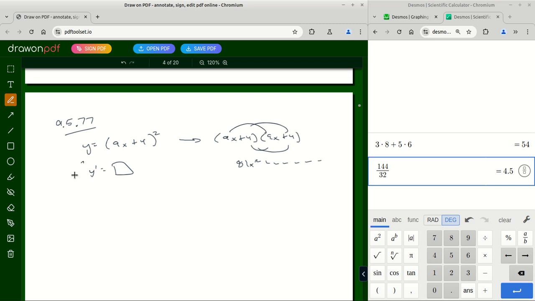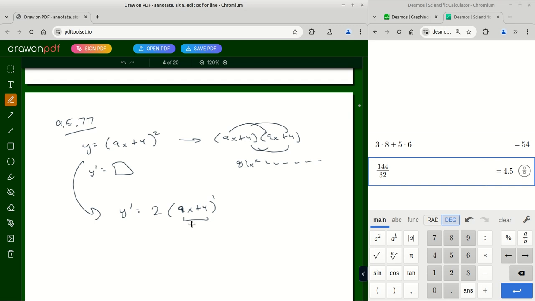So let's do that. I'm taking the 2, move it down to the front. I leave the inside alone, and then I minus 1 from the power. And that's our normal derivative stuff, right? You got a power, you bring it down to the front, you minus 1 from the power. Cool. Oh, but wait, I have a complicated inside. I often use that word complicated inside because it's not just a plain x.